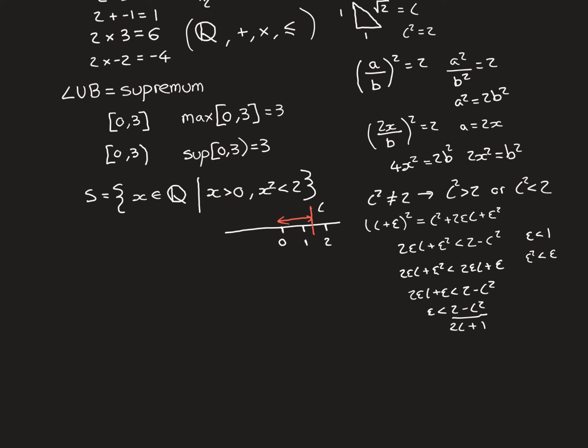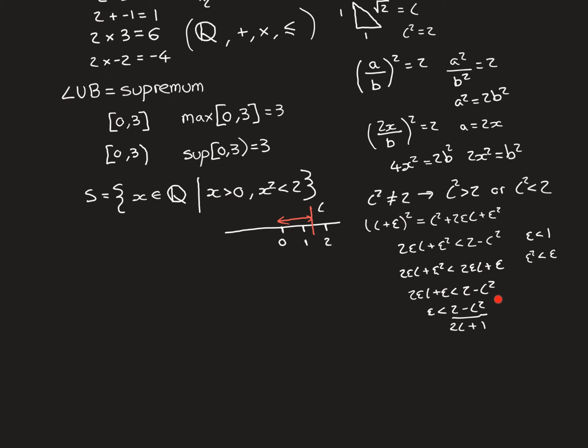There's no epsilon here. So whatever L you had, you can put it in here and you can get an epsilon. And I am saying to you that if you use that epsilon, if you consider what L plus that epsilon is equal to, that is now going to square to give something that's less than 2. And the other curtailment on epsilon is that it has to be less than 1 as well. So you need epsilon to be less than 1 and less than this.